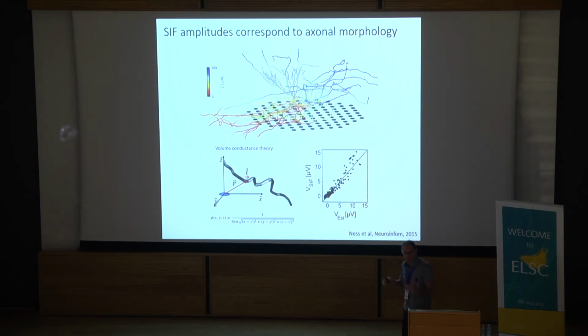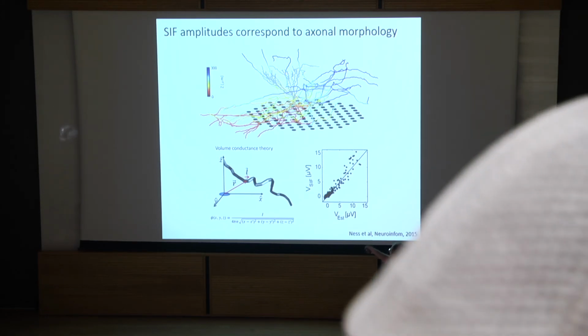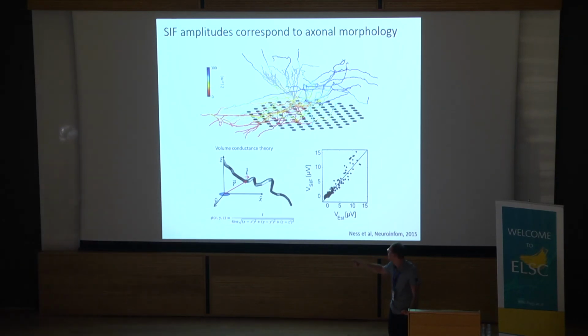Now, another thing we did is we put everything into a model to see that everything fits. So again, we can use volume conductor theory to estimate, given the morphology of the neuron and some assumptions, what would be the potential that we measure from the electrodes, and then compare it to the potential that we measured.